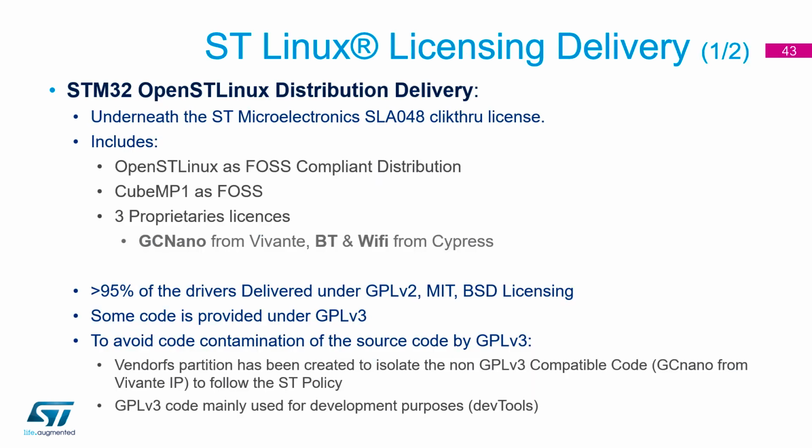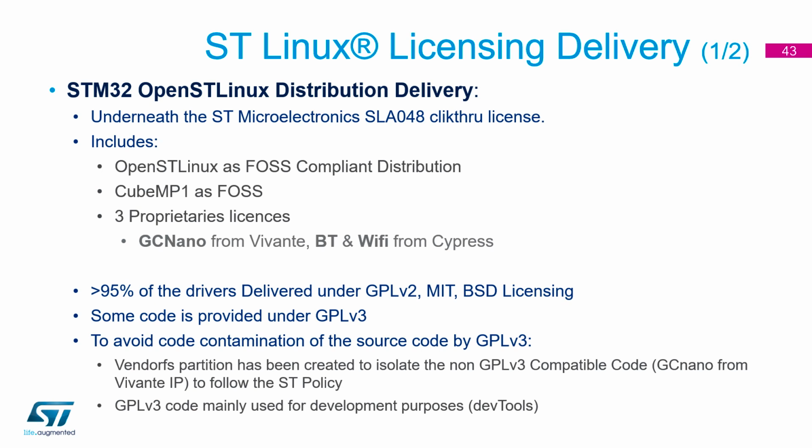So our general application license is SLA0048. It's a standard license that we have. All of our components, as I say, are fairly easy to work with. The one that's probably more proprietary is the GC Nano. As I say, it is open source, but if you want the source code for that one, you just have to sign an NDA with VeriSilicon.